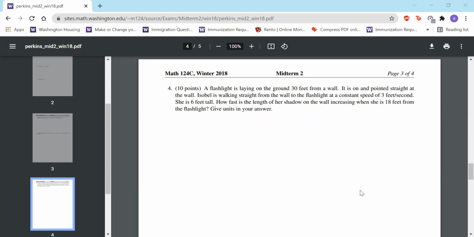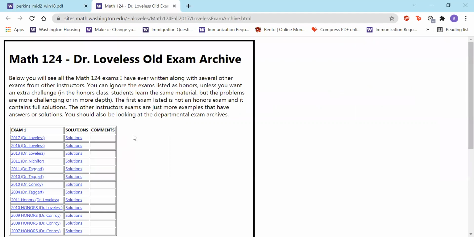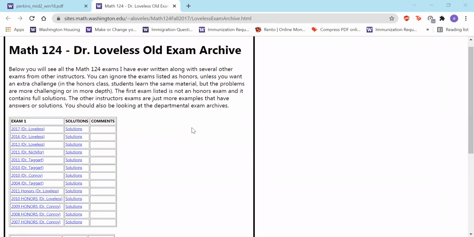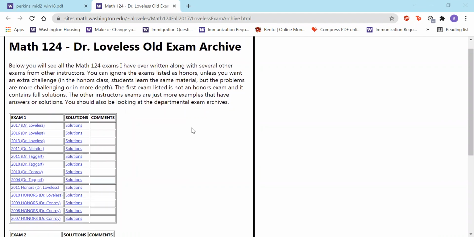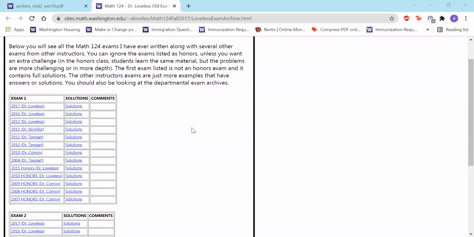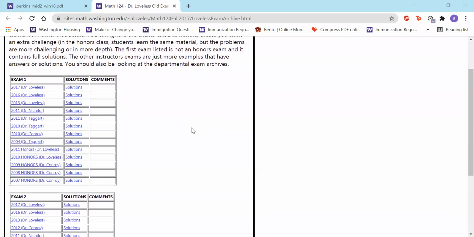This is what we are going to do from now on. For example, we've been doing the winter 2017 exam from Loveless, and it is ready to write on problem 5.